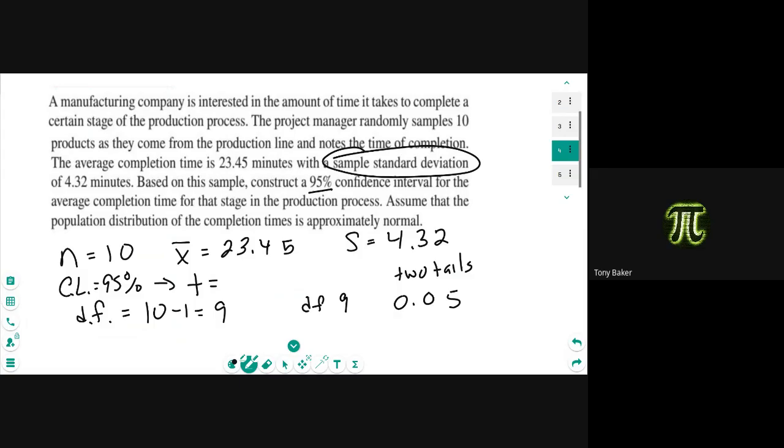Make sure you're looking at the two tails and not the one tail. And then what? The 0.05 in the two tails. And that's my T. You looked at the one tail for the 0.05.